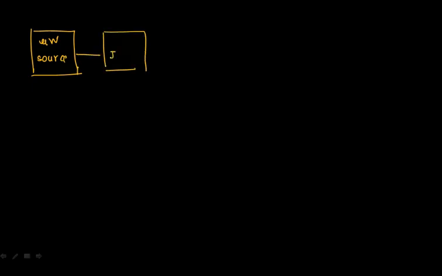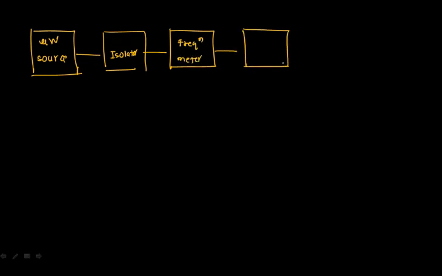Now what kind of setup are you going to use to find this out? First, you use the microwave source, the same setup as we used initially. Second, use the isolator. The third component is the frequency meter. Fourth, you use a variable attenuator.